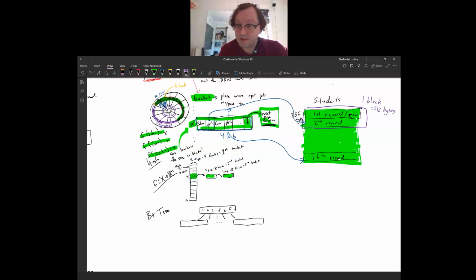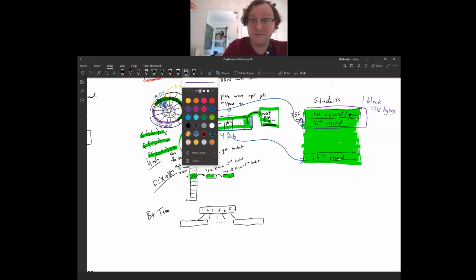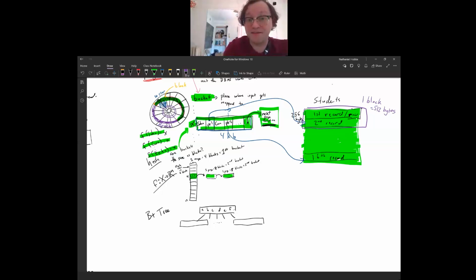So those aren't blocks, those are buckets. Okay, these here are buckets, which is just the word that's used for hash functions. A bucket isn't necessarily a block. In fact, it's probably multiple blocks.